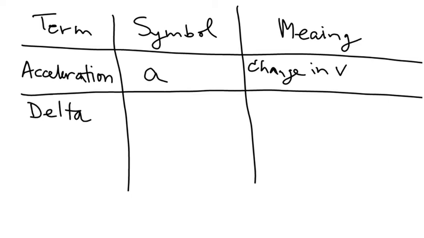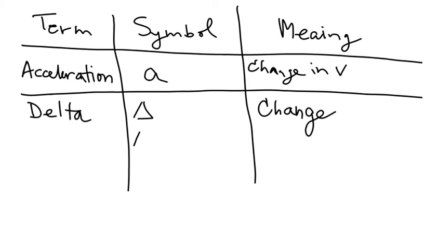Finally, delta. Delta means change. I showed you delta x. It's always a triangle, and it's always final minus initial. It could be position, it could be temperature, it could be money, it could be almost anything.